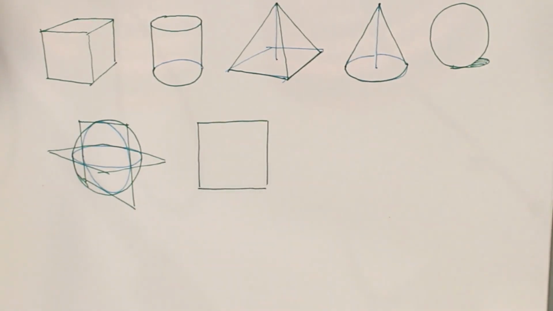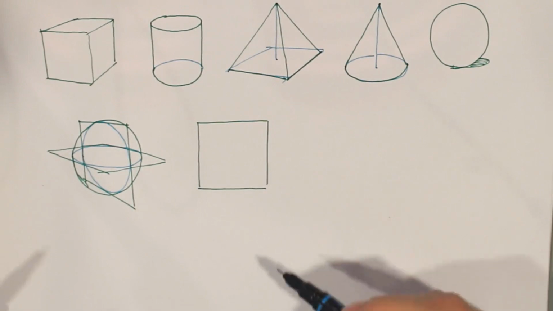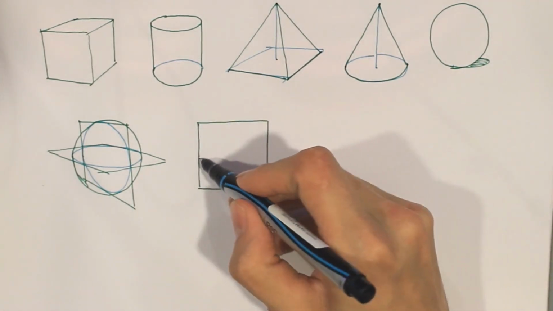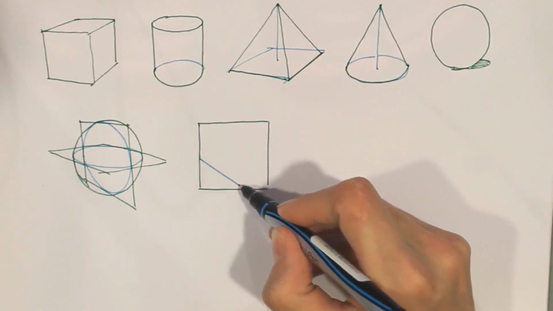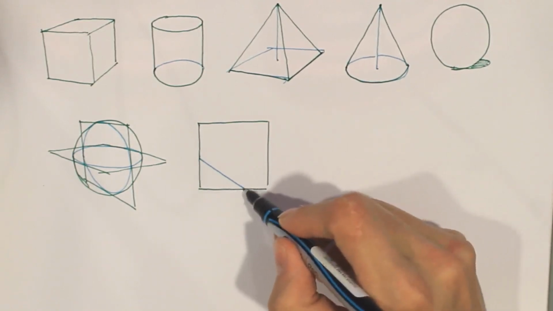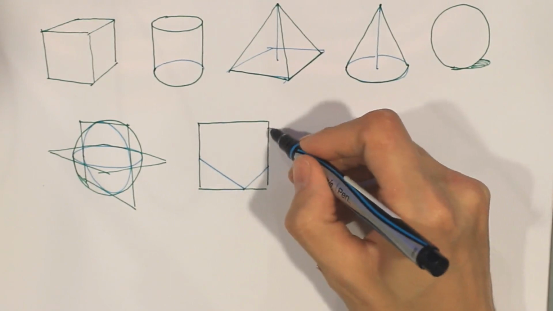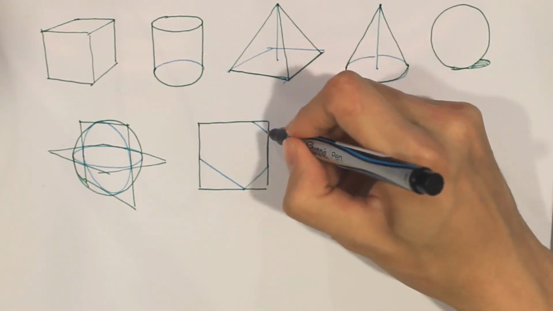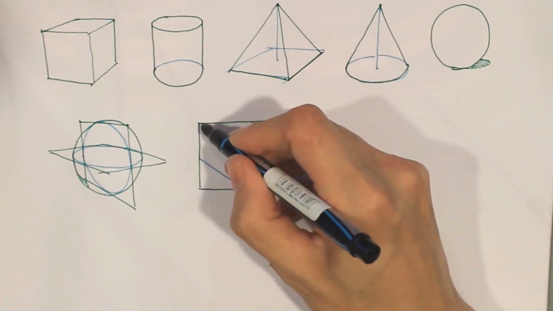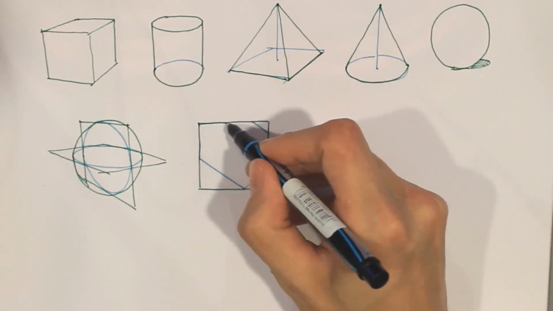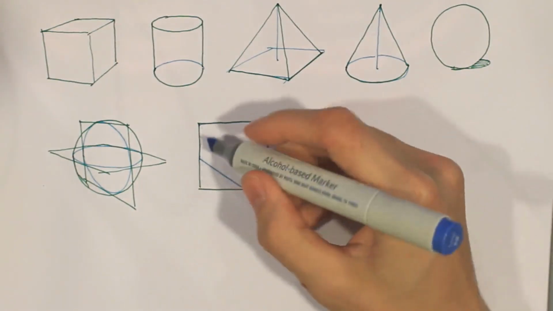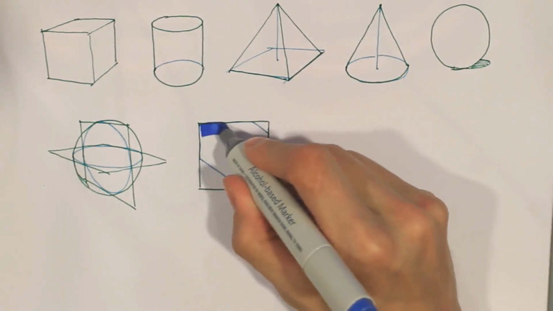And within that square, I'm going to draw my own custom shape. So it's kind of this weird polygon, and I'll color it in with the marker so you can see that a little bit better.